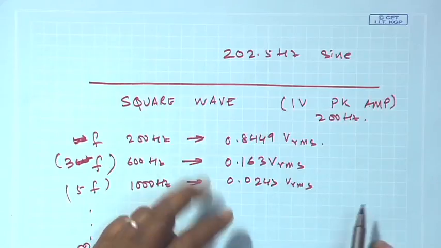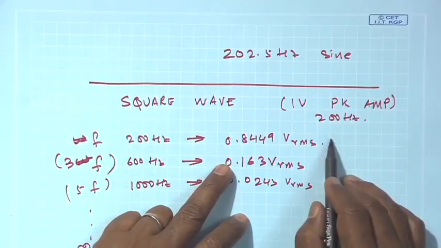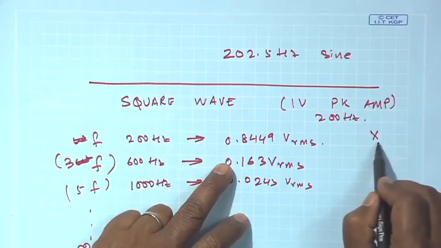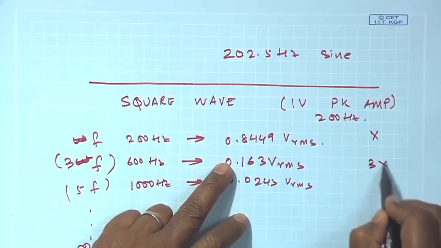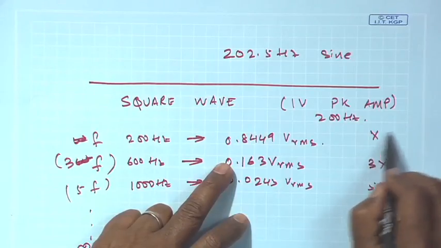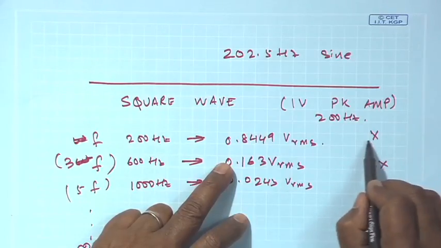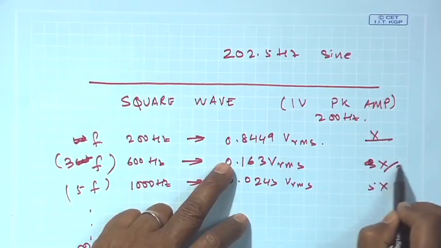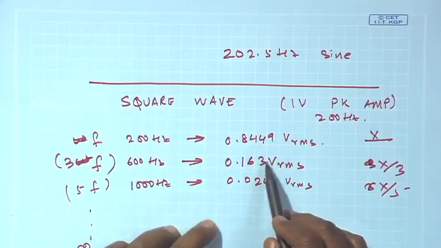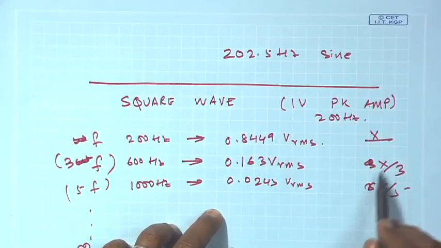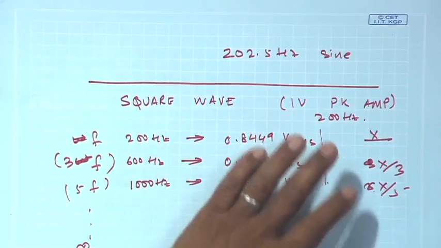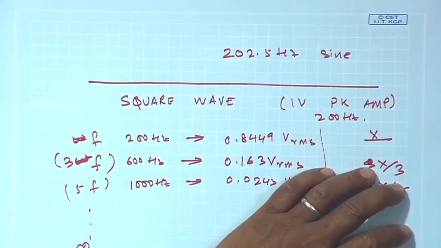If you look into the Fourier series of a square wave, you will see this is a certain x, then 3x, 5x, and of course the amplitudes will be x, x by 3, x by 5 and so on. So, this will be approximately somewhere around that figure, and then VRMS, so on. So, for square waves, we can see the FFT.